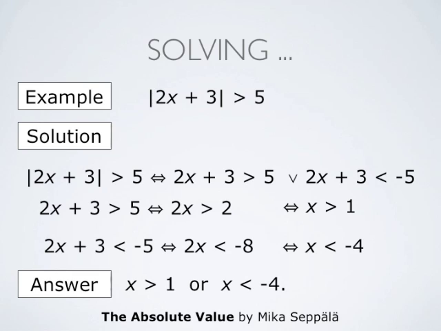So we conclude that the numbers x for which the absolute value of 2 times x plus 3 is strictly larger than 5 are the numbers which are either strictly larger than 1 or less than negative 4.